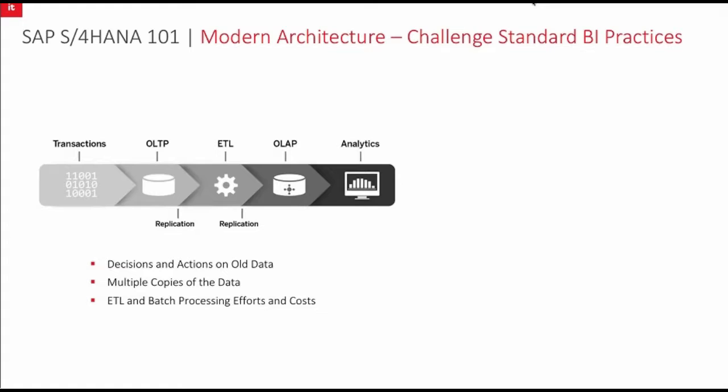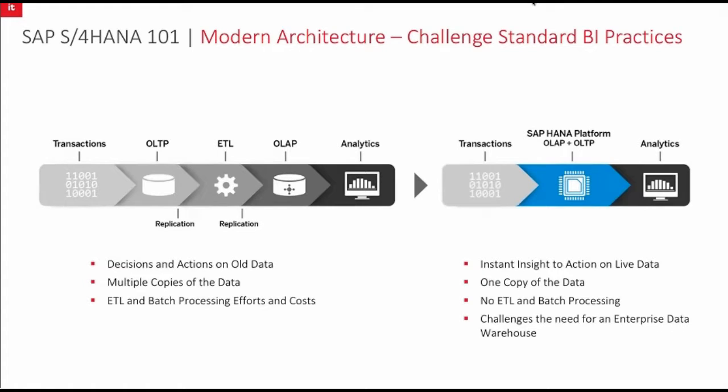Now, many customers I speak to, the bulk of the need for that chain and that process is simply to deliver operational BI, operational analytics, information about what's happening right now. We can challenge that with the HANA platform. It is possible to deliver enterprise class operational analytics directly from our transactional system with no replication, no aggregation, no post-processing required.